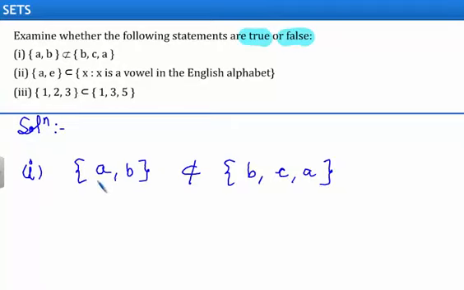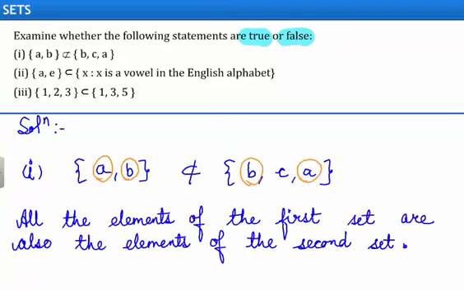Now, this element A of the first set is also an element of the second set. Same is the case with B. B is an element of the first set as well as an element of the second set. So we can say that all the elements of the first set are also the elements of the second set.